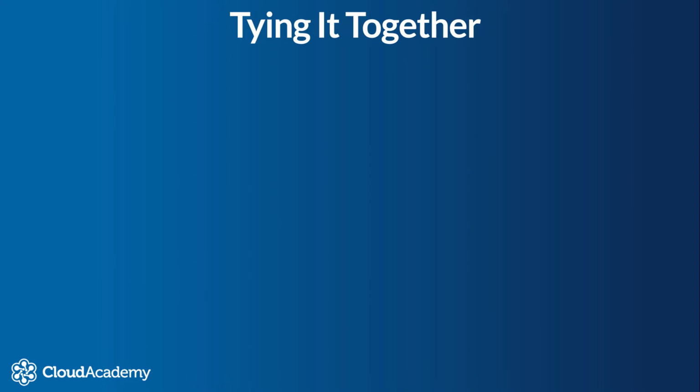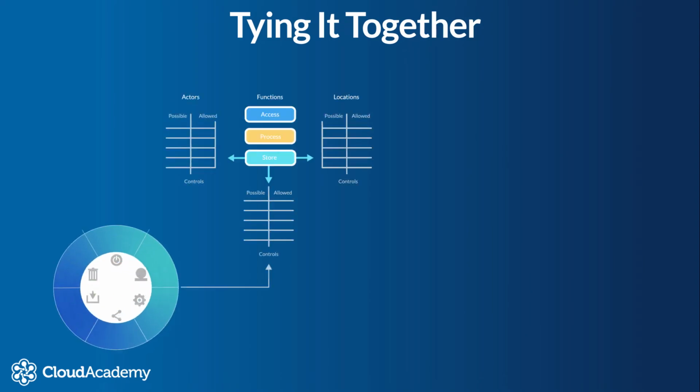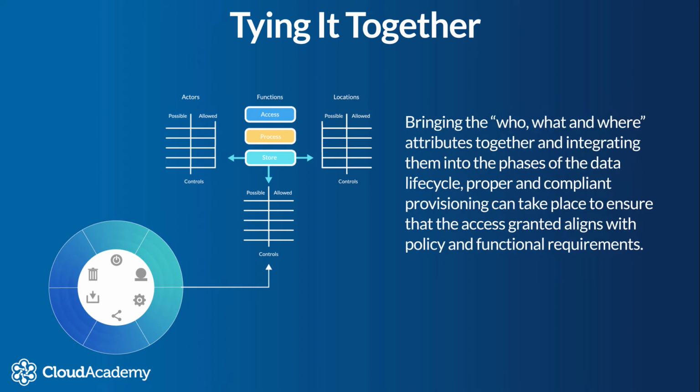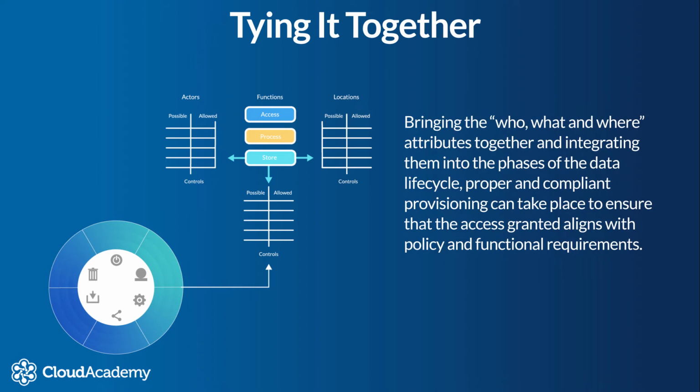And so in building these tables, or tying them together, we bring the who, the what, and the where attributes together and integrate them into the phases of the data lifecycle. There you see, down in the lower left of the box, the table with the actors, the functions, and the locations, so that proper and compliant provisioning can take place to ensure that the access, when it's granted, aligns with the policy and the functional requirements.